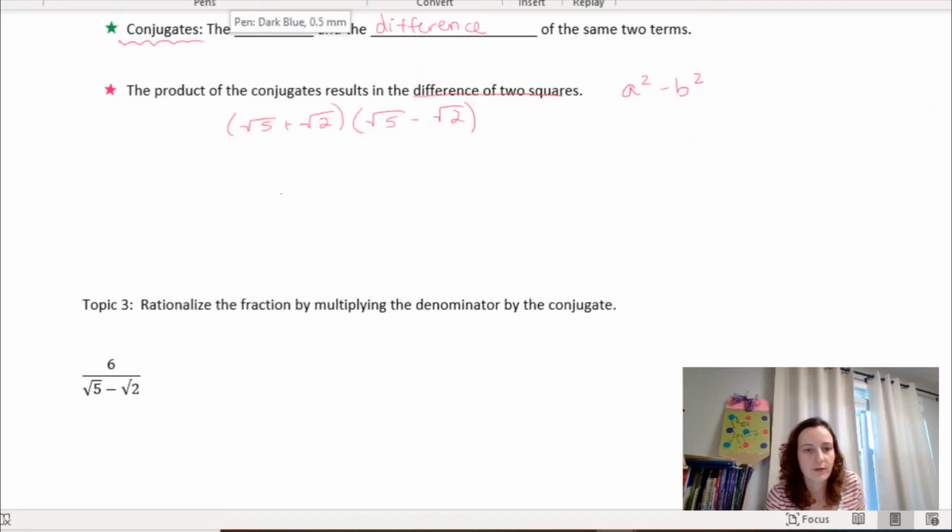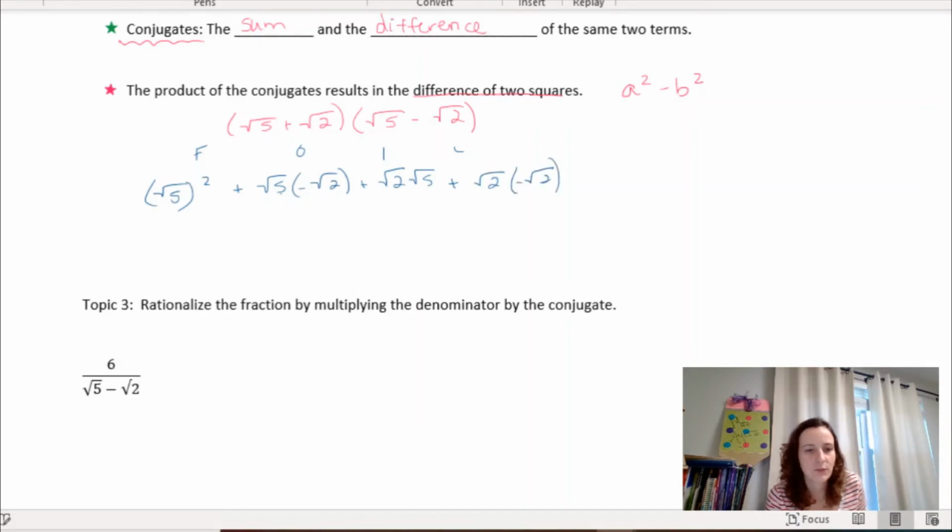Okay, using our FOIL method, F-O-I-L, we're going to multiply my first, which is the square root of 5 squared, plus my outers, the square root of 5 times negative square root of 2, plus my inners, the square root of 2 times the square root of 5, plus my last, square root of 2 times the negative square root of 2.